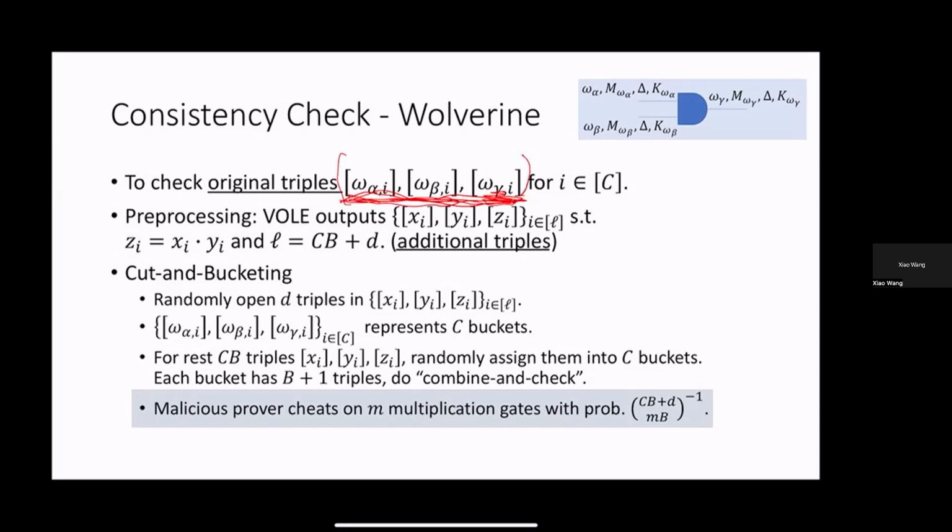All you need to know is that it doesn't really require any complicated operation. All you need is to obtain this kind of efficient VOLE, which, remember, takes on the order of tens of nanoseconds to obtain each of them, and then you do some kind of hash operation on top of them in a probabilistic way, and then you can check the correctness.